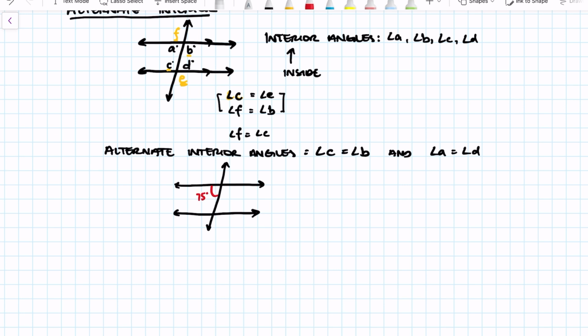Then can you tell me what would angle G be? Go ahead and try to solve that, and then we'll get back to this. All right, so it should be as simple as angle G is equal to 75 degrees. And why is that? Because of the alternate interior angle rule.